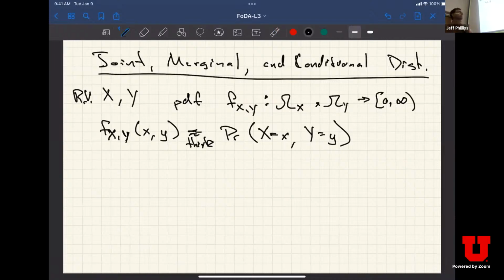But if this is continuous, the probability of a particular outcome, like it rained exactly so many inches today and the max temperature reached a certain value, those would be two possible outcomes, but the probability of hitting that exactly on the head, with infinite precision, is 0. So I can't really write down the probability. But I can think about this probability density function, which I could integrate over.